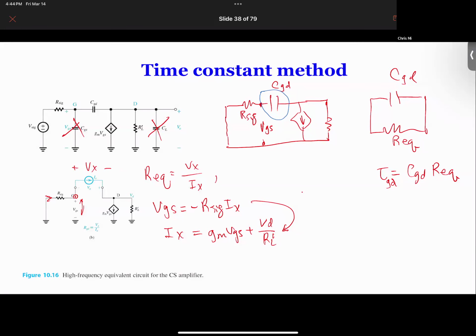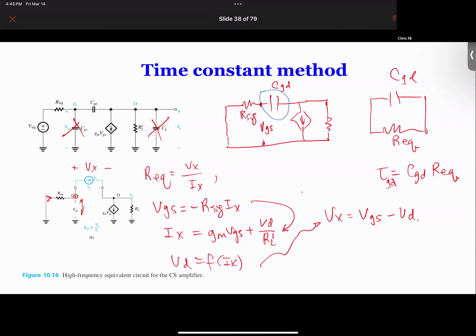When you plug this equation into this equation, we have VD as a variable and IX as a variable, so we can find VD as a function of IX. And then Vx equals VGS minus VD, right? From this equation you find VD as a function of IX, and you plug in here, you get Vx.